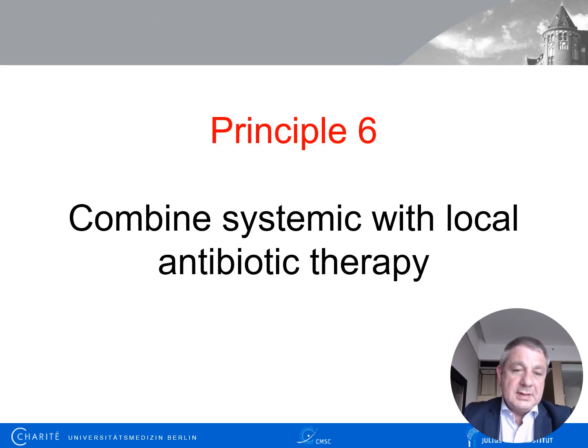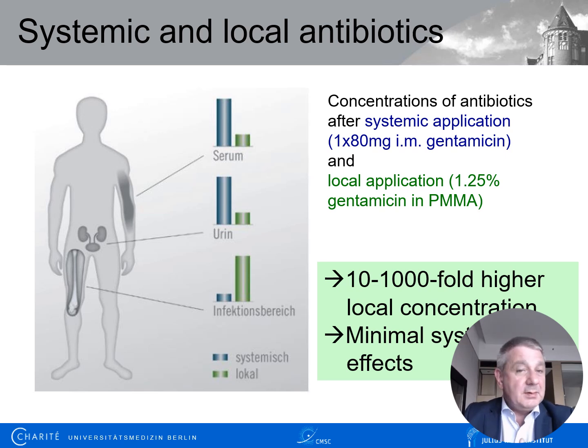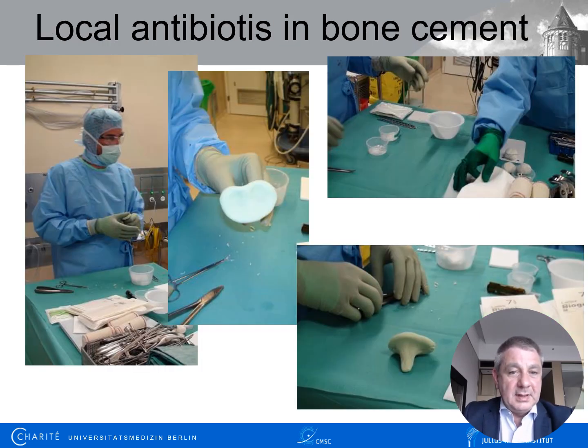And the last principle is that we can also combine systemic with local antibiotics, as will be shown by Daniel Perez. And the reason is that we achieve up to 1,000 times higher concentration of antibiotics locally, whereas the systemic side effects are minimal. We can admix antibiotics in bone cement, for example, a spacer.